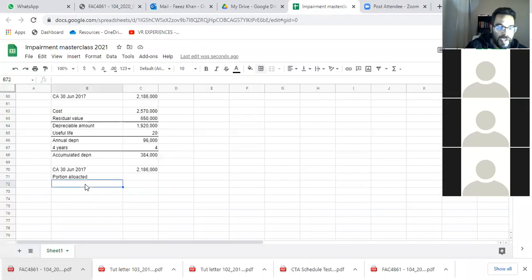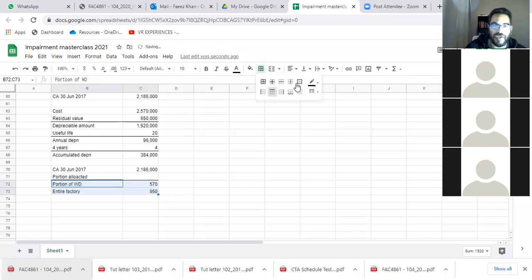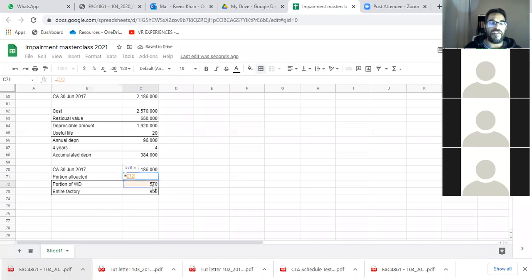Okay, so the portion of the wholesale division is 570. The entire factory is 950. So therefore, the portion to allocate to the wholesale division is basically a weighting of that, the percentage. So we will just say the wholesale division occupies 570 over the total 950.